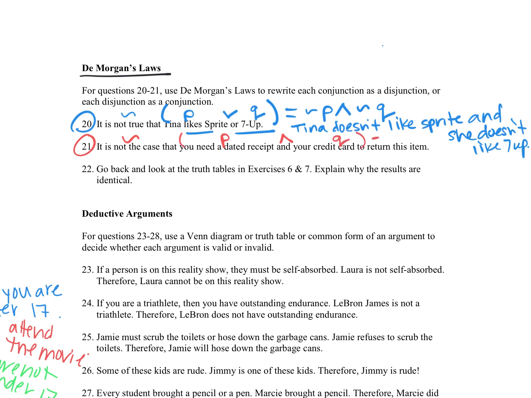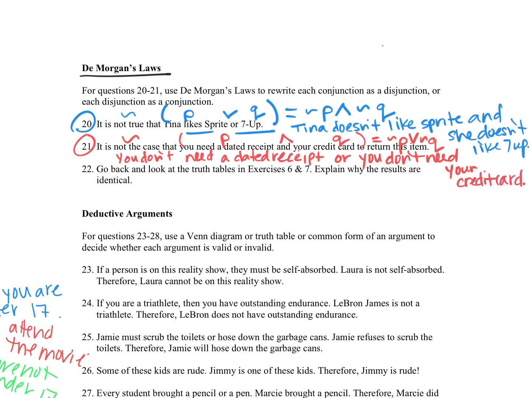So remember De Morgan's laws again, it's going to be negation P or negation Q. So we're going to say that you don't need a dated receipt or you don't need your credit card to return the item.